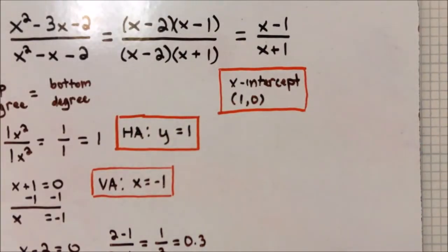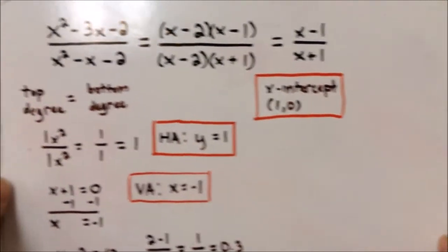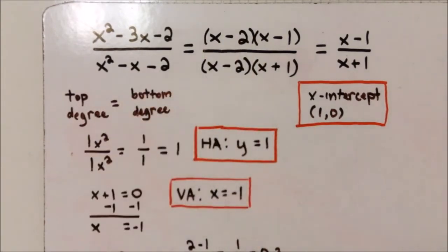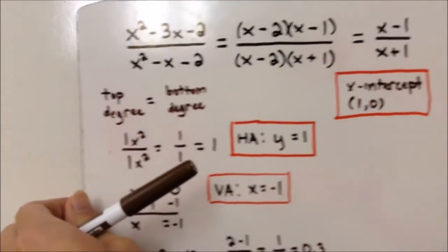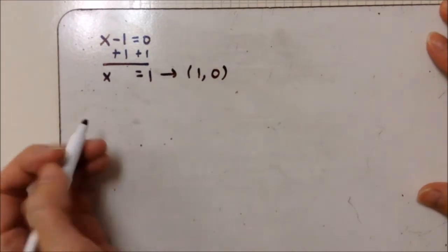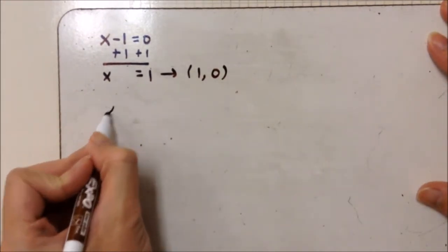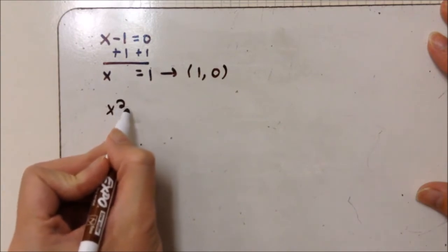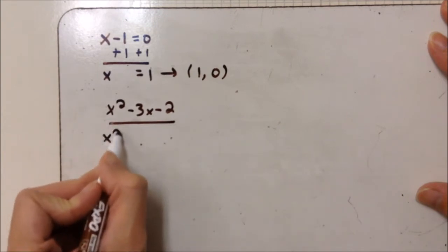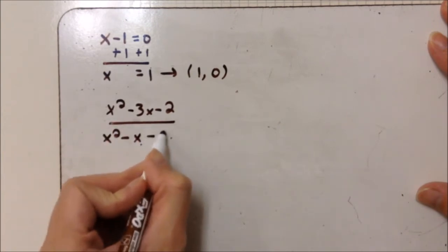And now let's do the y-intercept. So all we're doing is just plug in the y-intercept either in the original function or the factor function. Alright, so the original function was x squared minus 3x minus 2 over x squared minus x minus 2.